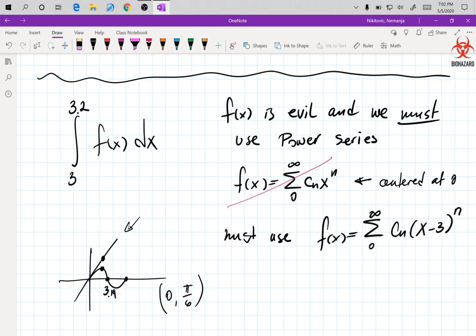Again, the more terms you have, the better precision you have, and it's never going to be exact unless you're approximating a polynomial with a Taylor series, which is dumb because you're going to get the same polynomial back, right? It's a polynomial expansion of a polynomial. What are you going to get, right?